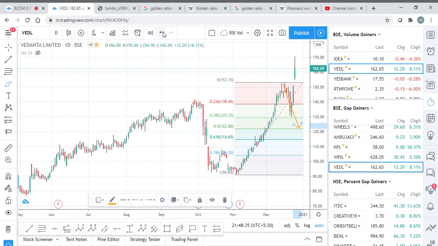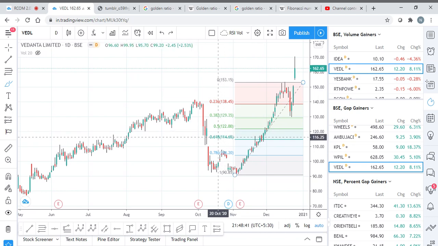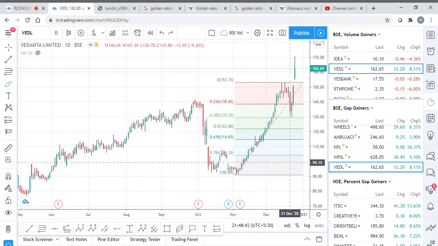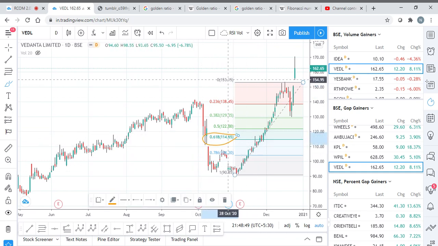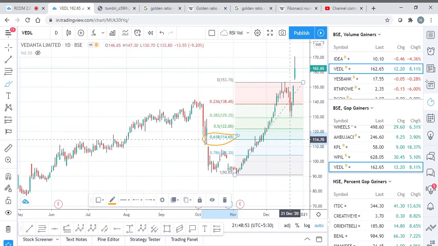Okay, then let's see the more numbers. So 0.618 or 61% and 78% are the next numbers. So this actually is the major number. If it is in a deep correction, then it is said that from this possible level it should start the reversal.